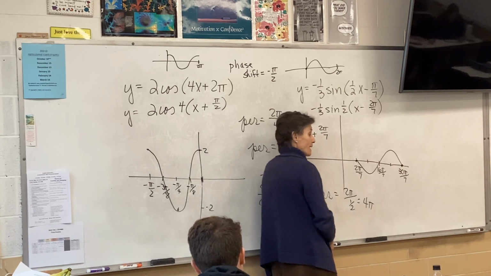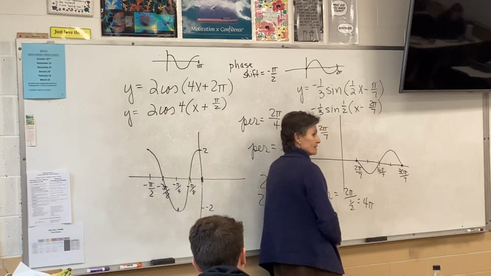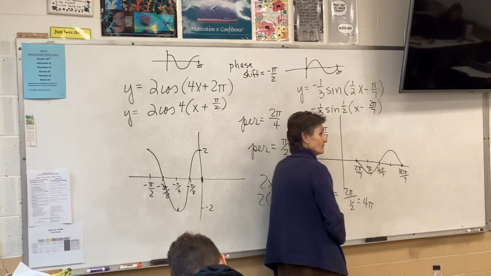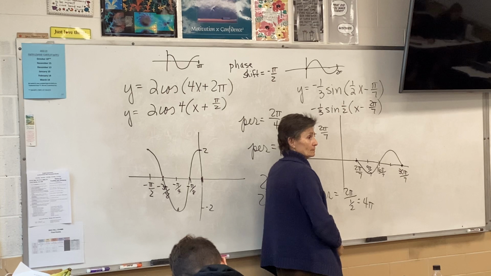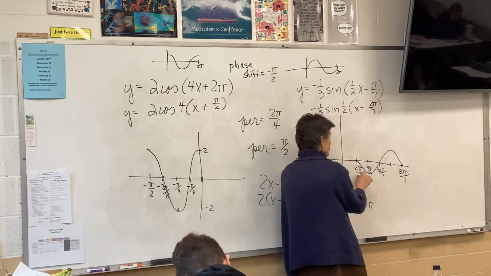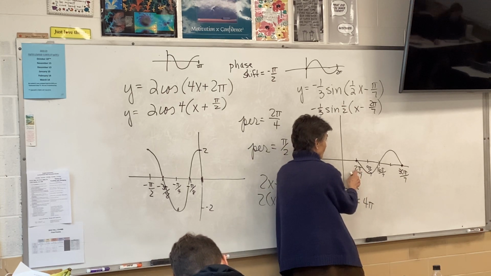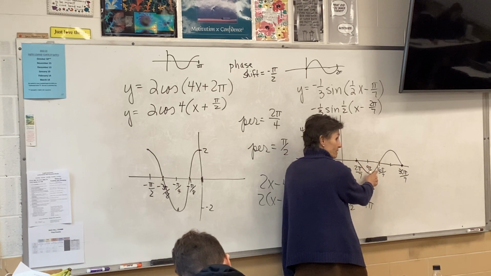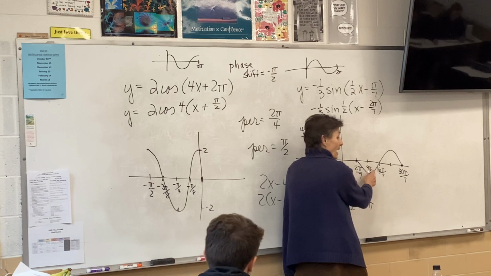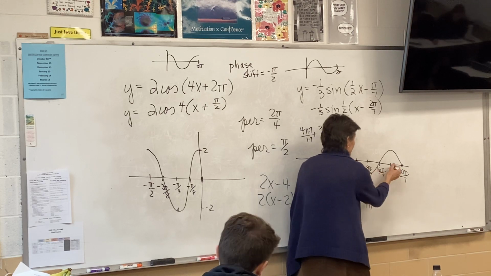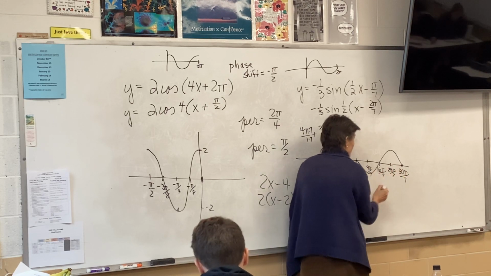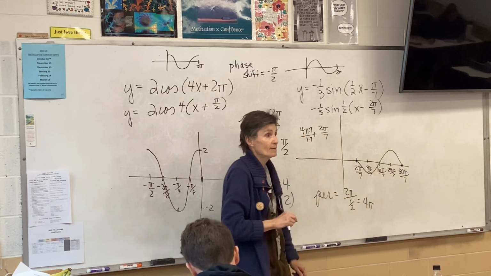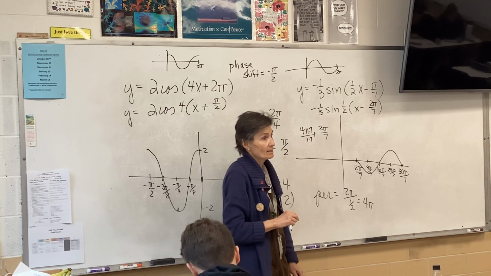And then we do it again. 2 plus 16 is 18, divided by 2 is 9 pi over 7. And then you can either notice that you're going from 2 to 9 to 16, so it looks like we're adding 7, so you can add 7 again. Or you can say 16 and 30 is 46, and half of 46 is 23.